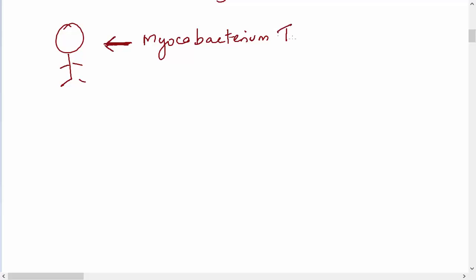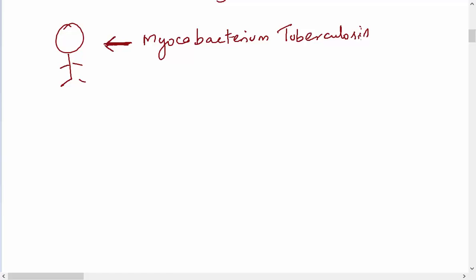Okay. Now there's a child who is getting exposed to Mycobacterium tuberculosis for the first time. When the child is first exposed and the mycobacterium enters the lung, the child will develop immunity against it.